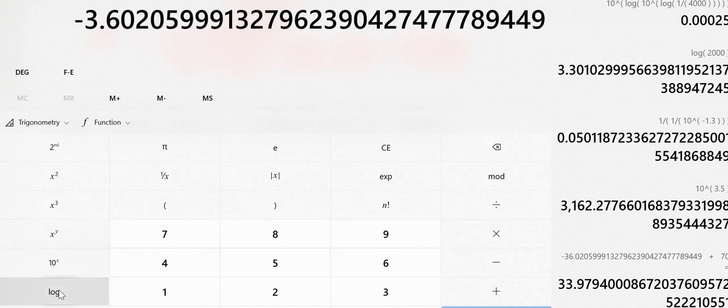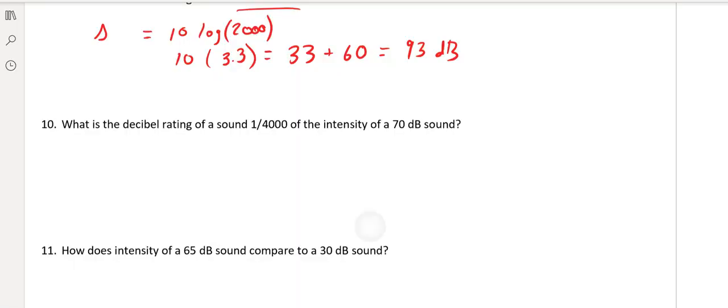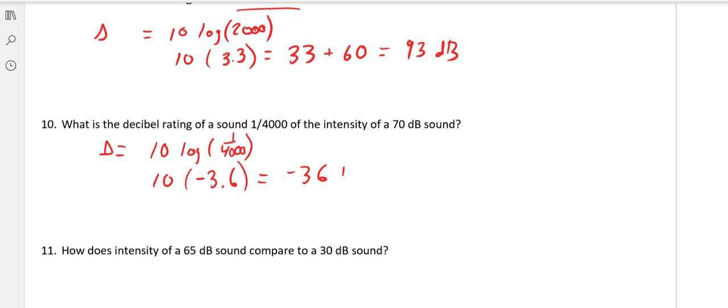Now, we get negative 3.6. We're going to take 10 times that, which of course will be negative 36. And if you add that on to the 70, you're going to get 34 dB. That sound would be at 34 dB.